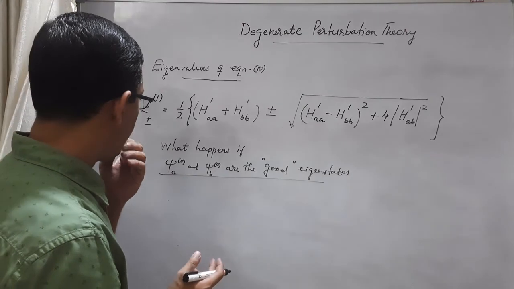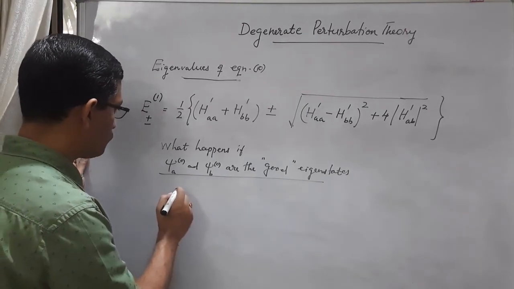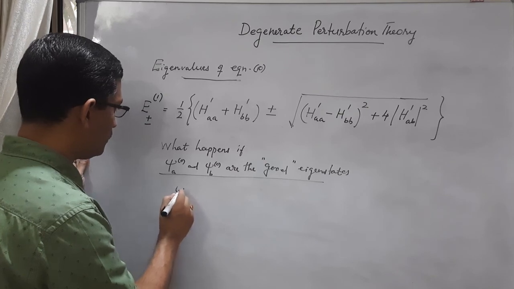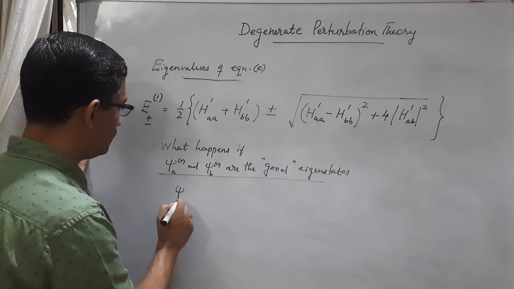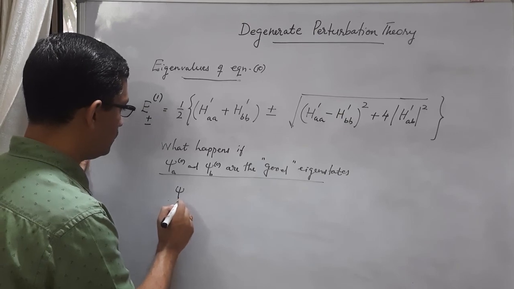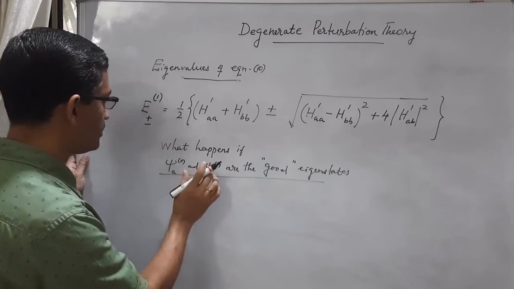Let's see. Suppose psi A0 is a good eigenstate.